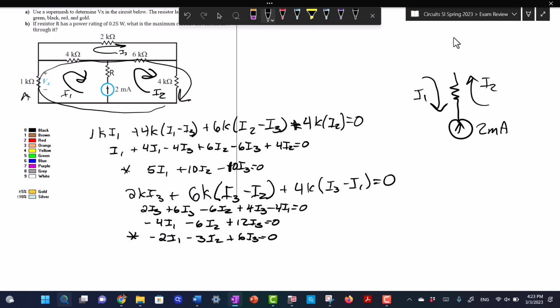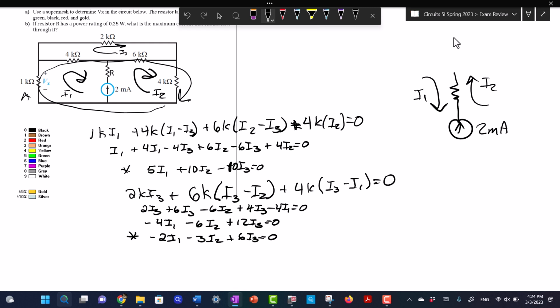Now the resistor and the current source are in series, so they have to have the same current. And so that means that the sum of I2 and I1 has to be 2 milliamps. I2 is going in the same direction as the current source, and I1 is going in the other direction.